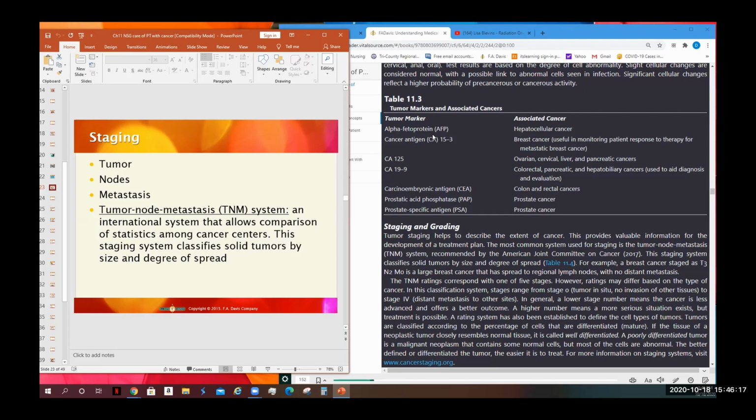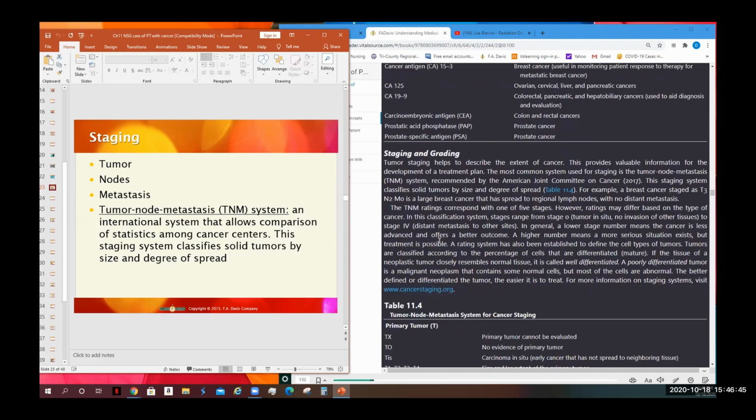It's used to aid diagnosis and evaluation. Carcinoembryonic antigen, CEA, is associated with colon and rectal cancers. And then for prostate cancer, the tumor markers are PAP, which is prostatic acid phosphatase, or PSA, which is the prostate-specific antigen.